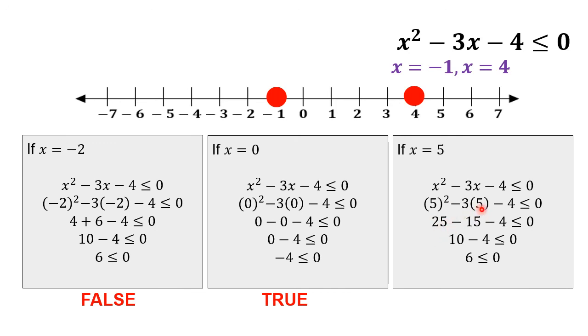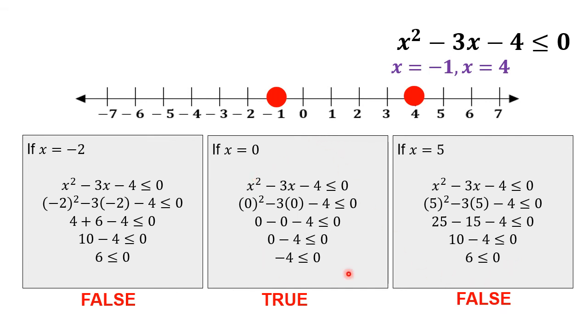Minus 3 times 5, that is 15. Minus 4, is it less than or equal to 0? So 25 minus 15, that is equal to 10. So 10 minus 4, that is equal to 6. 6, is it less than or equal to 0? That is false. Okay. So saan lang nag-true?